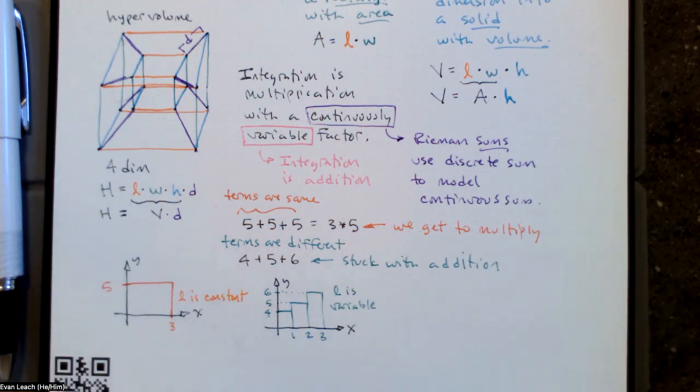So we use addition. We look at each individual segment from 0 to 1, from 1 to 2, and from 2 to 3. The length is constant on those intervals. So the length is variable, but the length is constant on intervals.